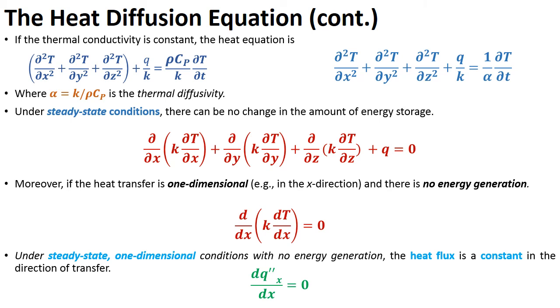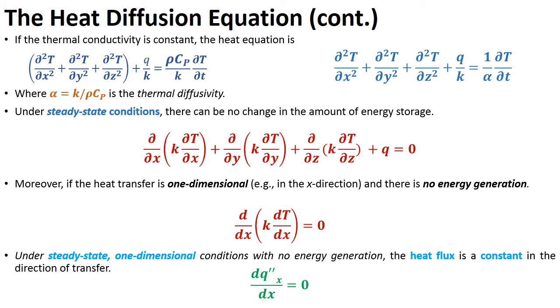These are some conditions of the heat diffusion equation which are derived from the basic, generalized heat diffusion equation that we have developed in the previous slide. These are the three results of the heat diffusion equation. The first result is for isotropic material in which thermal conductivity is constant.